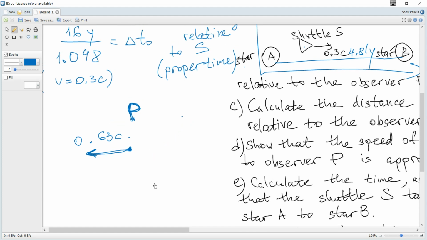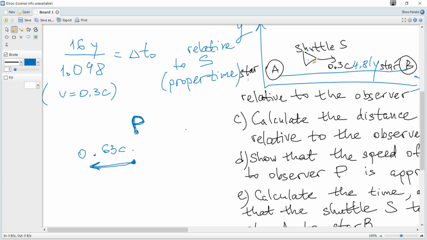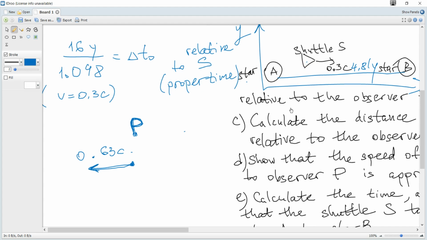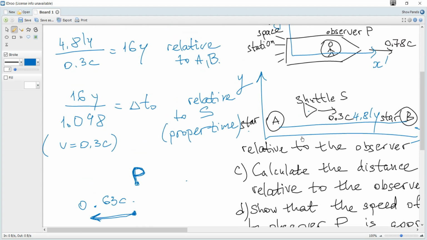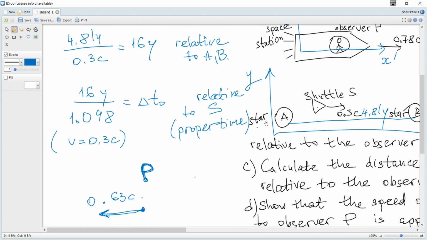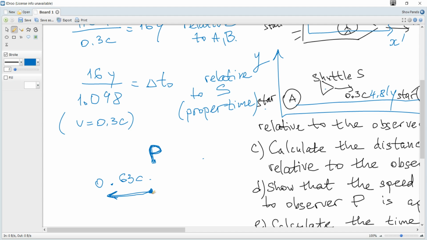Dilated time, because proper time is in the shuttle. So in the first step, we considered two reference frames, one shuttle, another stars. But here we consider the shuttle and observer P, or space station. And this situation looks like this: the shuttle is moving to the left with speed 0.3 c, and proper time, the time for something measured in the shuttle, is this value. It's a proper time.